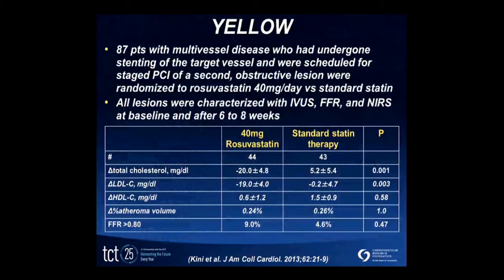And finally, a new technology called near-infrared spectroscopy, which has been developed specifically to detect and quantify lipid within atherosclerotic plaque, was studied in a small randomized trial called the YELLOW study, in which patients had IVUS, FFR, and spectroscopy at baseline, and after 6 to 8 weeks of either 40 milligrams of rosuvastatin or standard statin therapy.